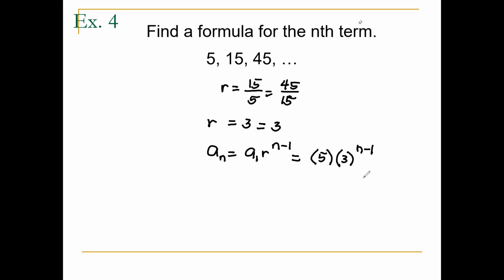So that is the formula: 5 multiplied by 3 raised to n minus 1. We cannot simplify it because they don't have the same base. We cannot write 5 with a base of 3. Well, yes, we can, like 3 raised to 0, but 0 plus this is still the same, so no need to simplify it.